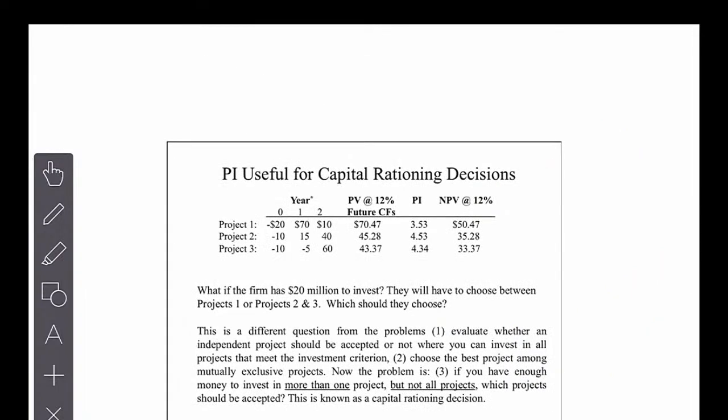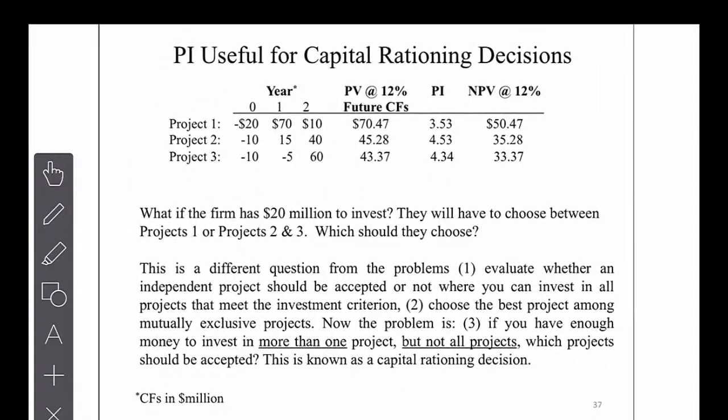Just a couple of things to say about PI being useful, its utility. And then just a couple more slides. So, I'm going to say something now about capital rationing. So remember, there were independent projects where you just evaluate each project by itself with a rule.